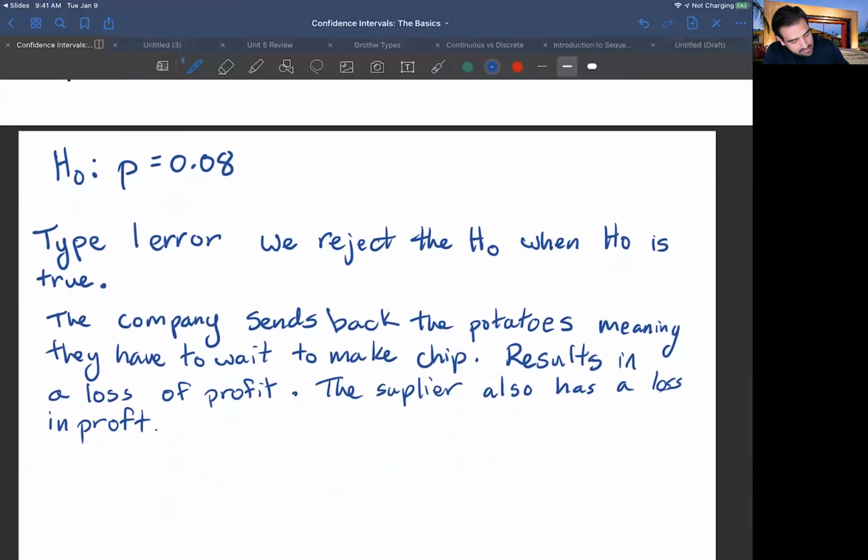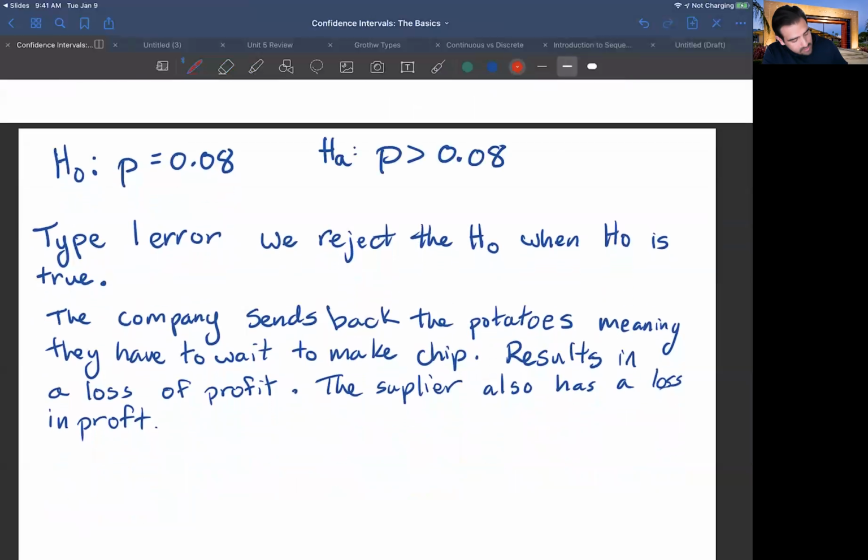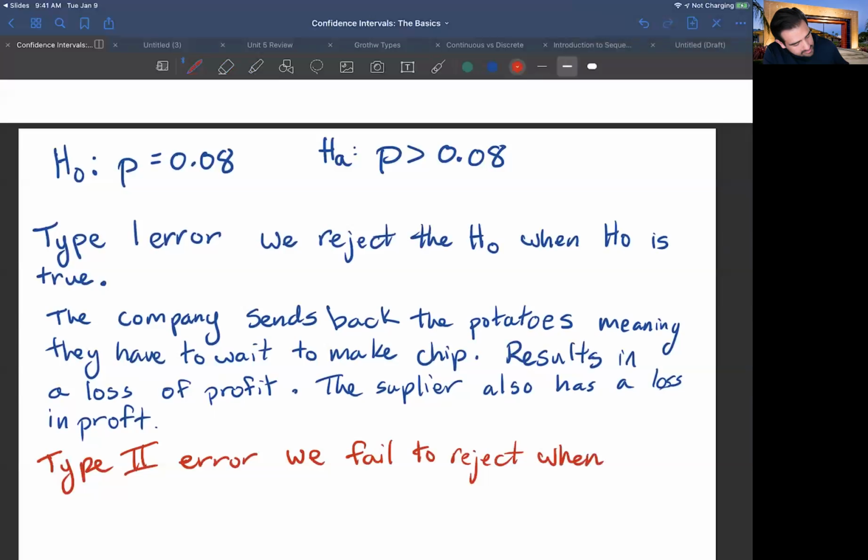Remember, my alternative was that the proportion is greater than 8%. I care about greater than 8% because I don't want bad potatoes for my company. So a type 2 error is when we fail to reject when HA is true, right?